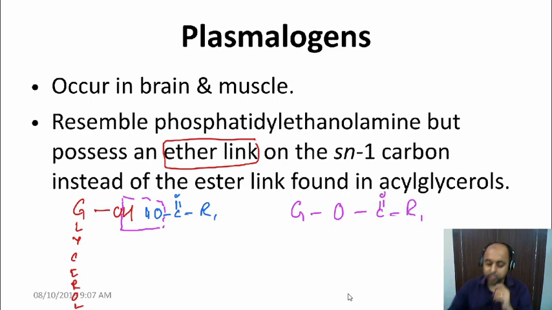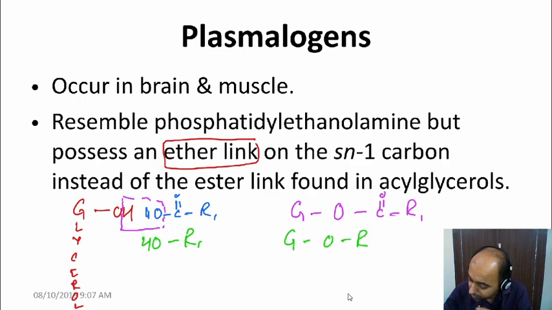But in plasmalogen, instead of the carboxylic group, what we have here is another alcohol. So when the bond formation occurs, it is something like this. This is known as an ether bond.